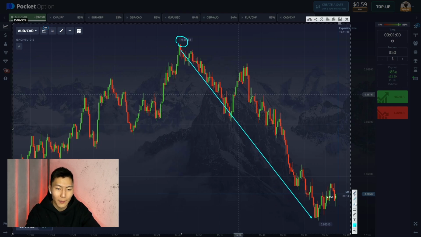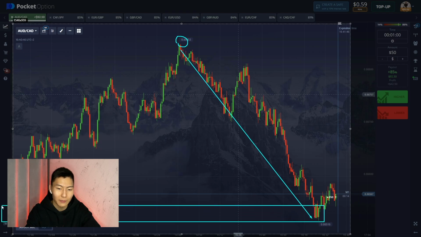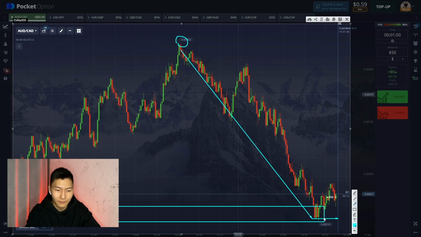The touch of the support zone did happen here, the price bounced off it, and the trend seems to become upward again. Then we see this teeny correction in this zone and that's why we open the long position following the trend direction.